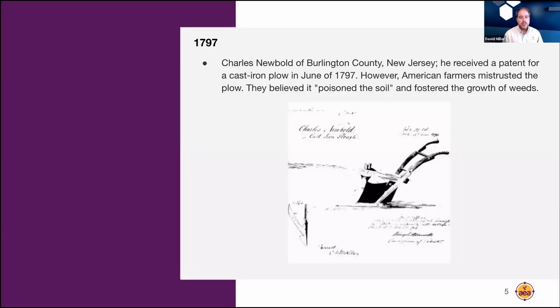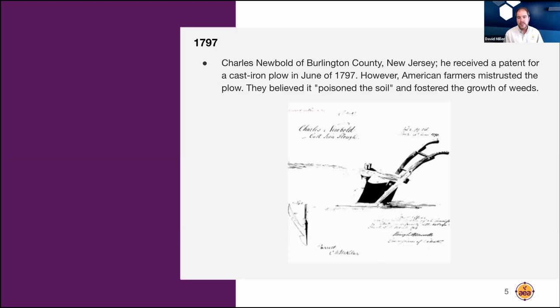One of the first things that really made a big difference was the invention of the plow. Up to this point, people were using pointed sticks and oxen. It was very difficult to truly create a seed bed, or to make changes at any significant scale, such as turning the sod of half the prairie or the whole prairie.